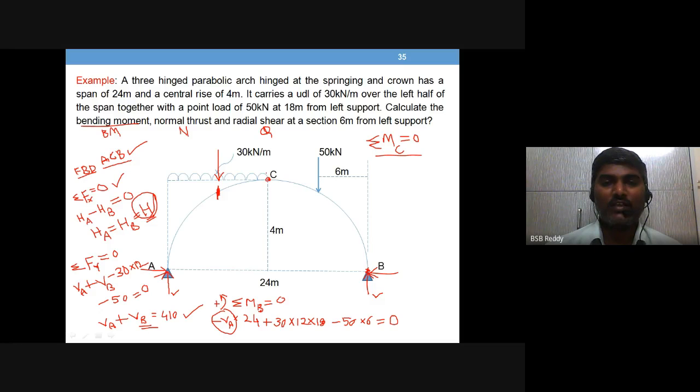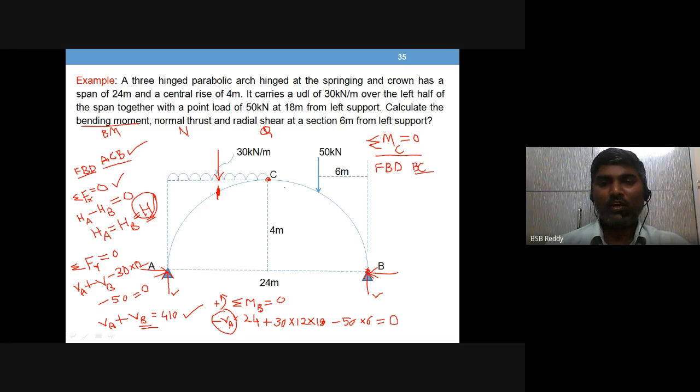It is either to the left of C or to the right of C. Either of that you have to choose. So either you choose the free body diagram of AC or the free body diagram of BC. It's your wish. So let us go for the FBD of BC. I take BC. You take AC and work out. You should get the same value.